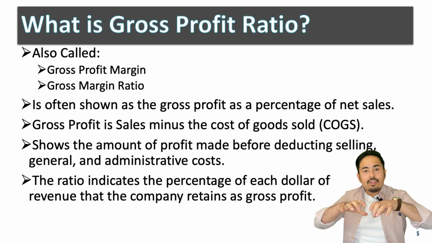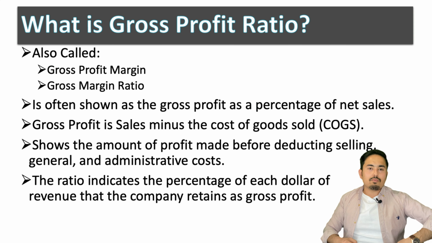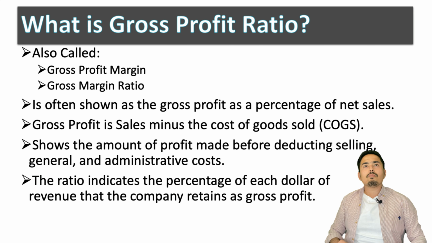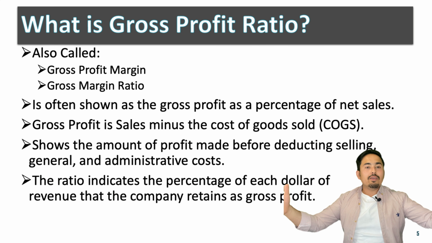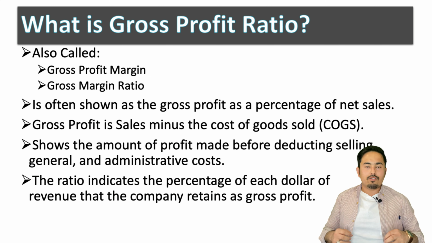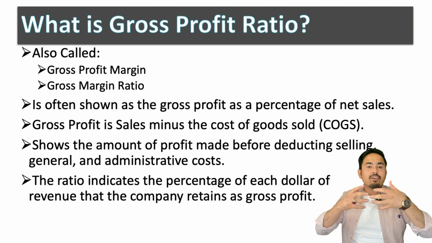The ratio indicates the percentage of each dollar of revenue that the company retains as gross profit. What does it mean? If the ratio comes to, suppose, 20%, this indicates that the company has 20% of the revenue generated to cover the expenses, as gross profit.